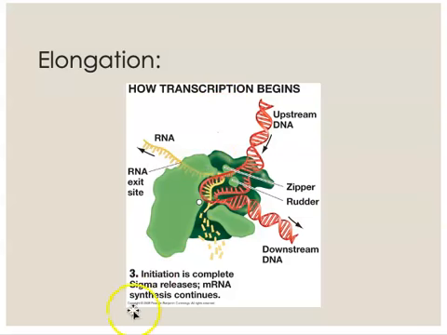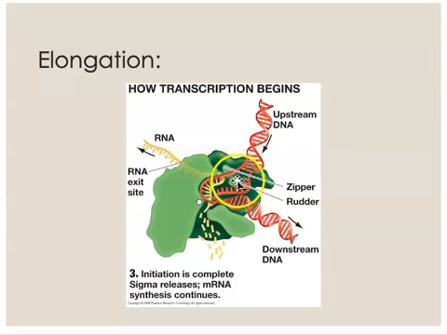Remember, we've sliced this three-dimensional enzyme in half so we can peek inside. So there's a tunnel in here, and you can see the NTPs are entering into that tunnel. Here's another tunnel over here, and you can see the DNA has been threaded in there. Here's another tunnel up at the top, and you can see the RNA is coming out of that tunnel. Here in light green is the rudder, and here's the zipper.